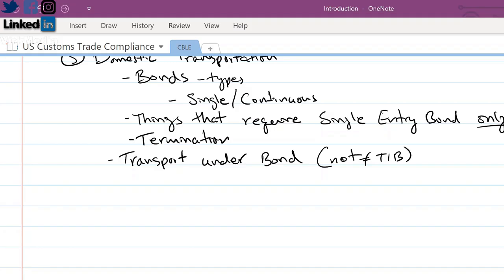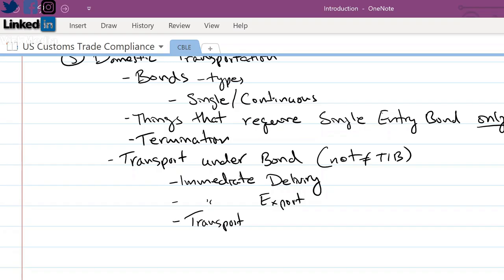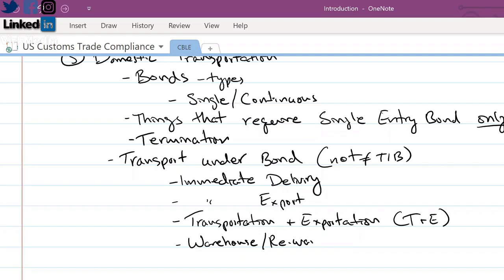For transporting under bond, we will be talking about immediate delivery, immediate exportation, transportation and exportation bond, warehouse or warehouse transportation bond, or warehouse / re-warehouse transportation and exportation bond.